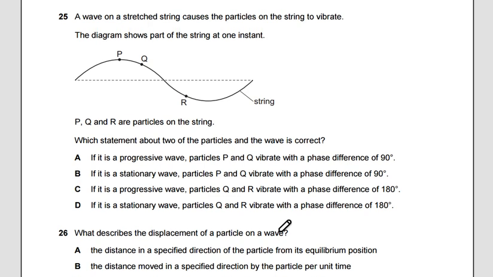Okay, here, if it is progressive, P and Q vibrate with delta phi 90. I don't think that it is even worth thinking about here, because you know that this wave can be represented as a circle, so P and Q in this circle certainly will not have any kind of angle that is even closer to 90.